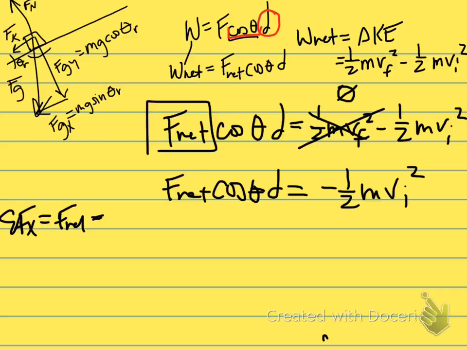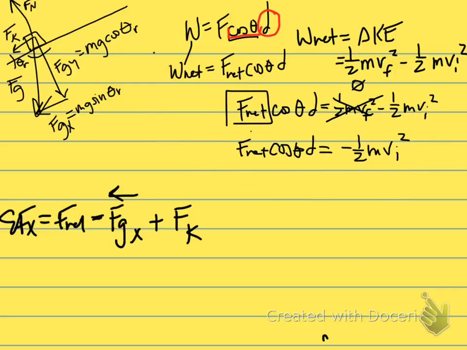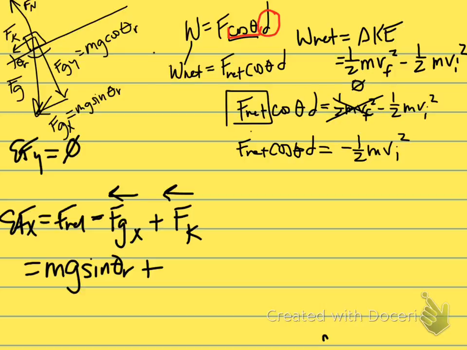So the only forces you've got are F of gx, which is acting downhill, and F of kinetic friction, also acting downhill. So F of gx is easy to find. We have mg sine theta of the ramp. We're given the coefficient of kinetic friction. So we have to go back and do a little sum of forces on the y for ourselves.